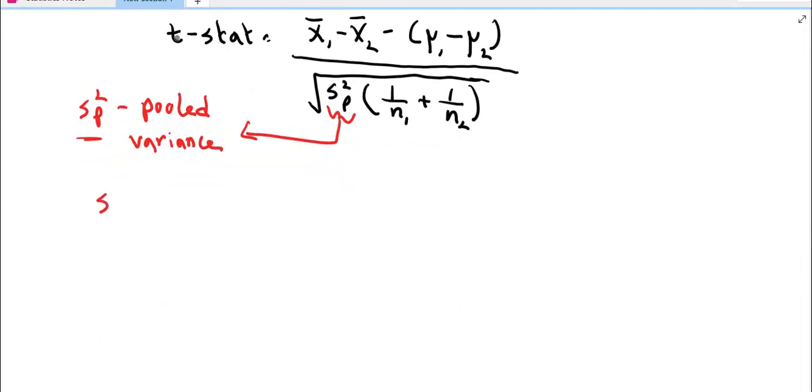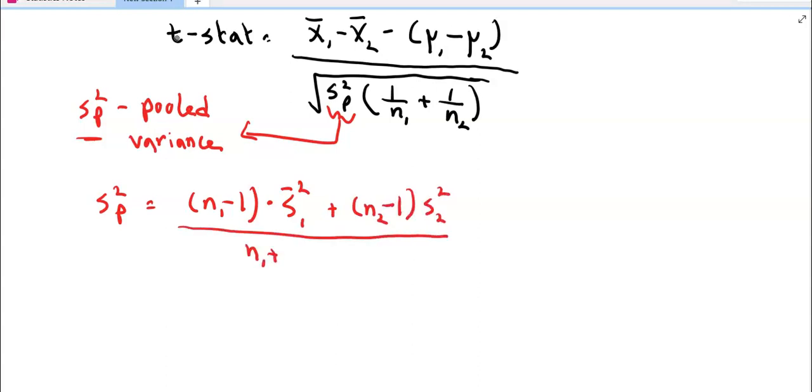So sp squared equals n1 minus 1 times s1 squared, plus n2 minus 1 times s2 squared, divided by n1 plus n2 minus 2. The reason we have minus 1 and minus 2 is that we are accounting for degrees of freedom.